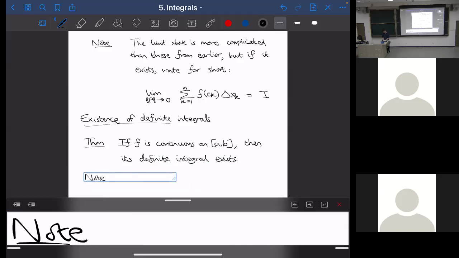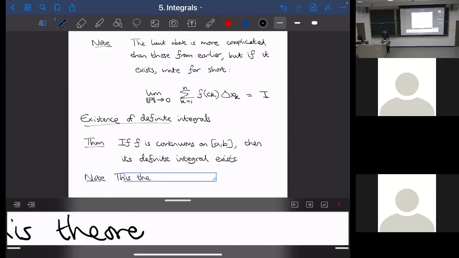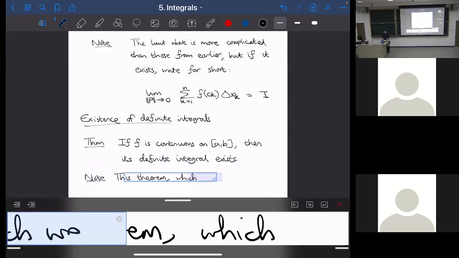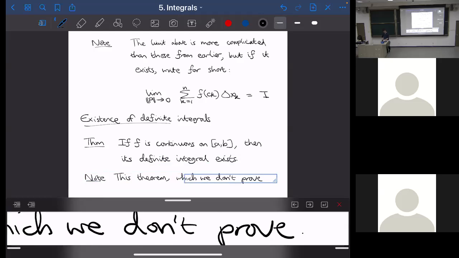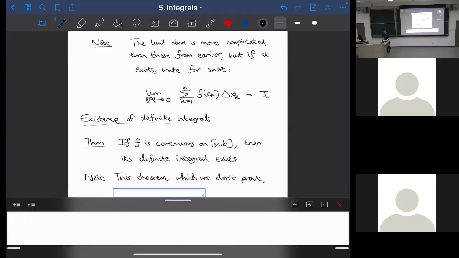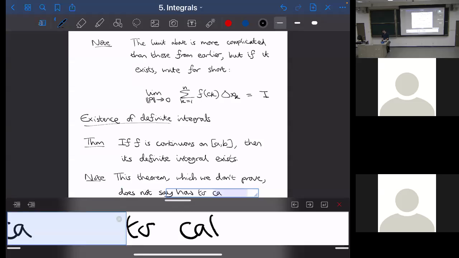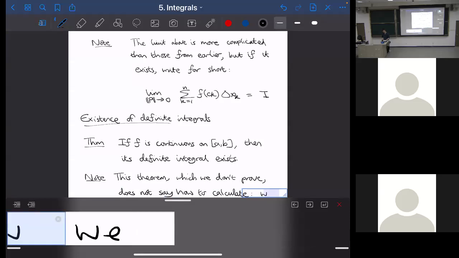So note this theorem, which we don't prove, does not say how to calculate the definite integral. We do this next.